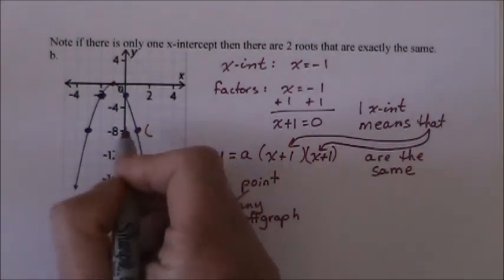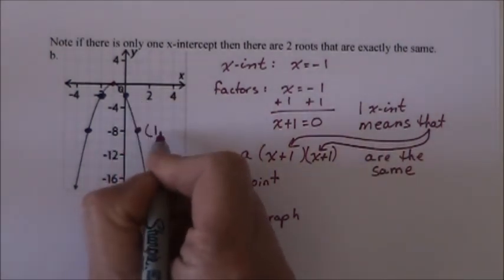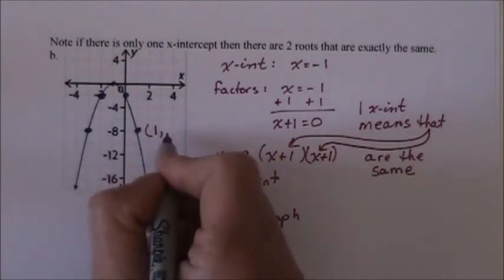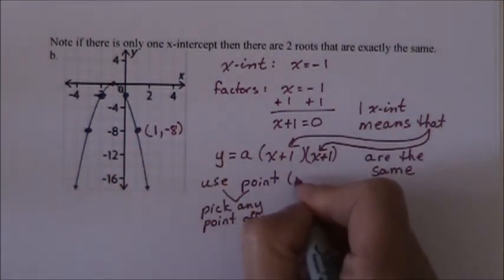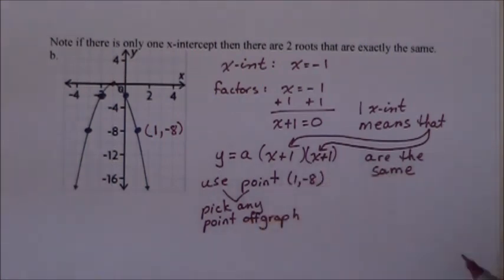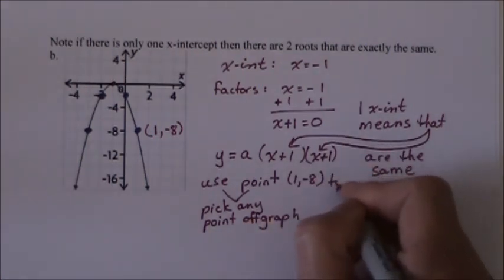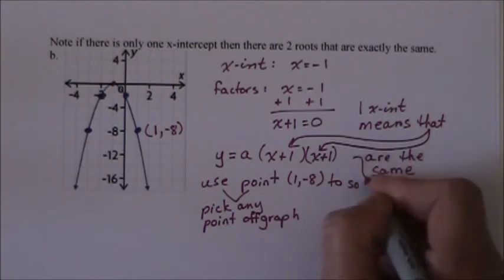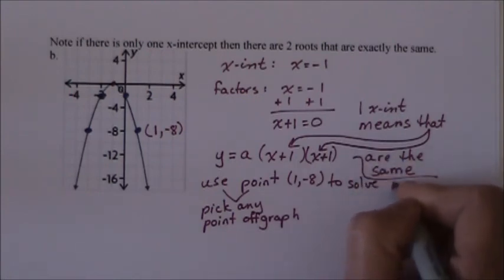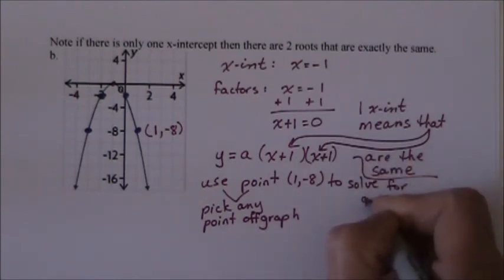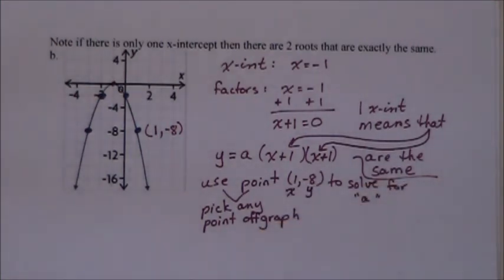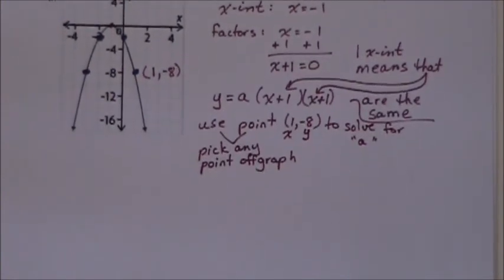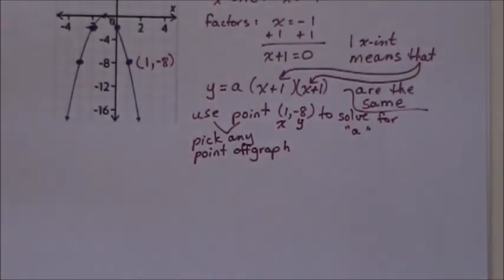So this point here is +1 for x and -8 for y. So I'm going to use (1, -8) to solve for a. Remember, there's your x, and there's your y. So we're going to substitute those into our equation.